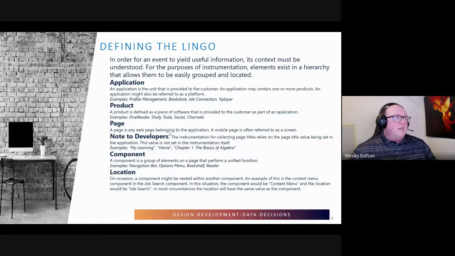Okay. And so we can define elements, and the reason we would want to is because we also want to be able to give an address or describe more clearly, not just that they clicked a button, but which button did they interact with? What application were they inside of?